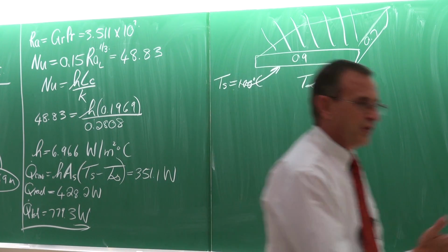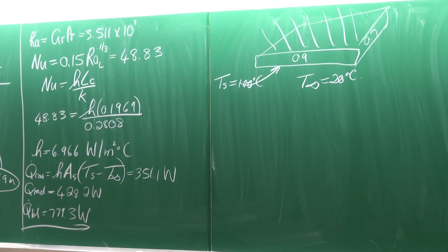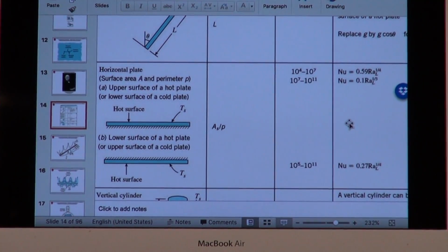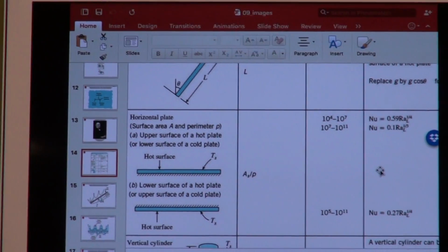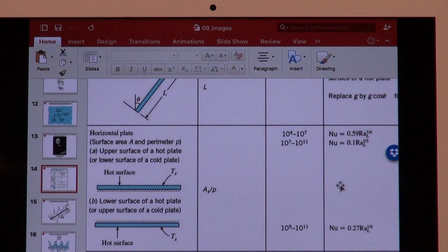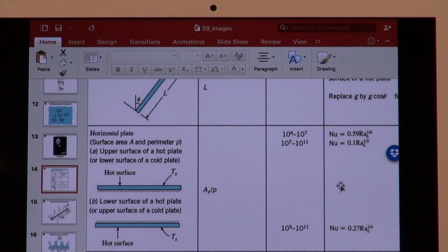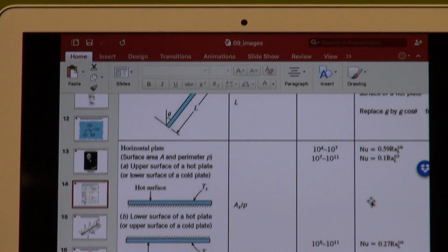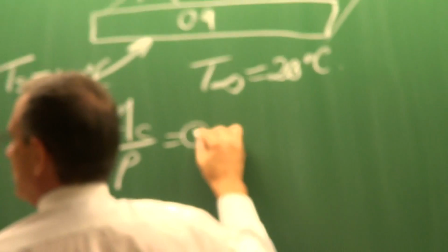Again, for that specific application, go and look at what the table says. Okay. So again, if we look at this table, it says the characteristic length we have to calculate, again, by using the surface area divided by the perimeter. So LC is equal to the surface area divided by the perimeter, and that would mean that it is not going to change.